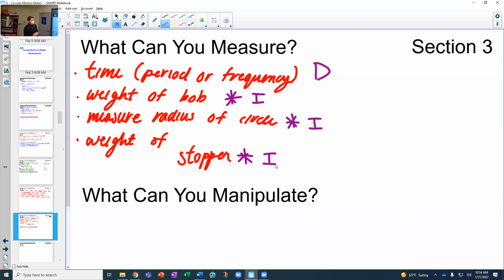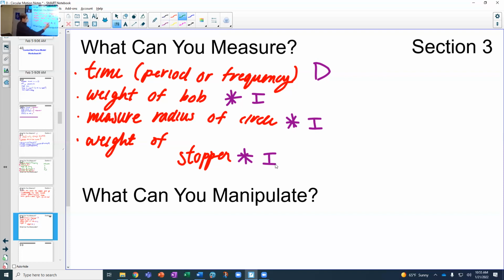But we want to make sure we're using the weight of the bob, the radius of the circle, and the weight of the stopper as our independent. So we're doing 3 mini experiments in one. We'll test this, get our data, test that, get our data, test that, get our data. And I want you to prioritize it this way.